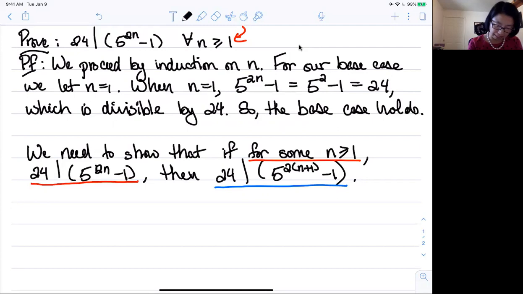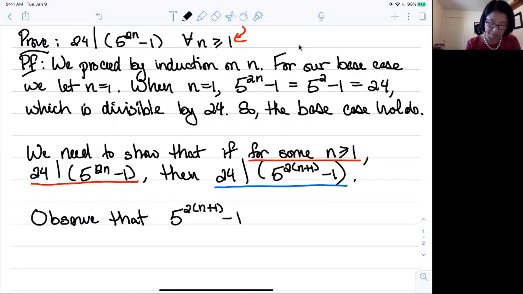Okay, so let's go ahead and do this. We're going to say, observe that 5 to the 2n plus 1 minus 1 is the same as 5 to the 2n plus 2 minus 1.